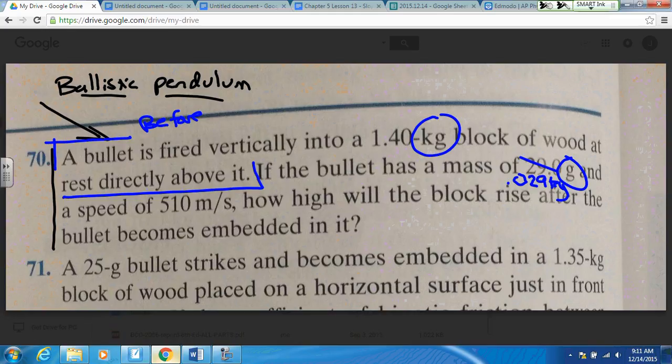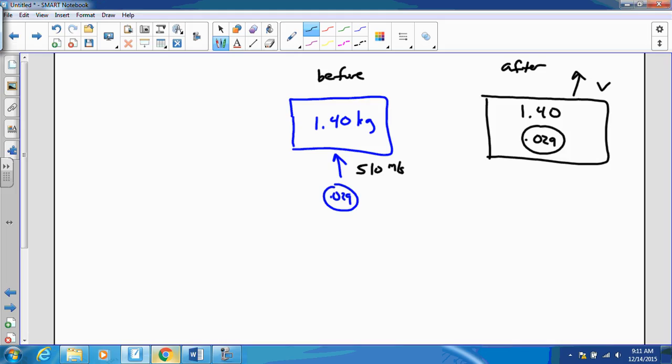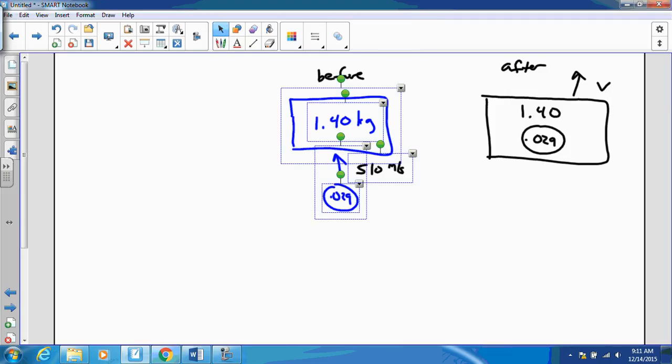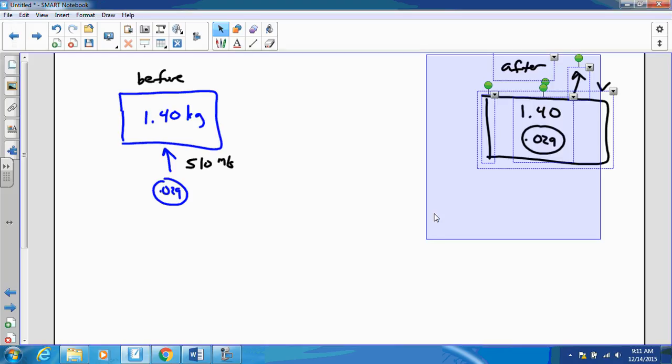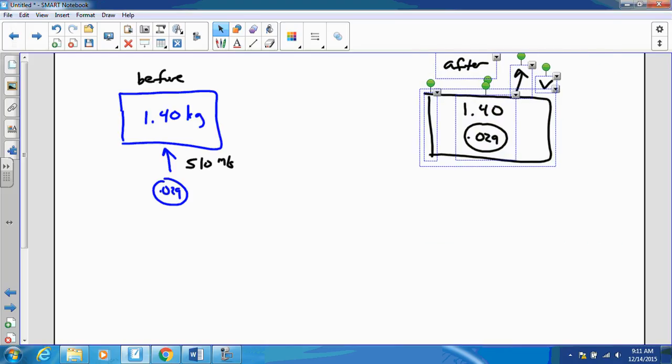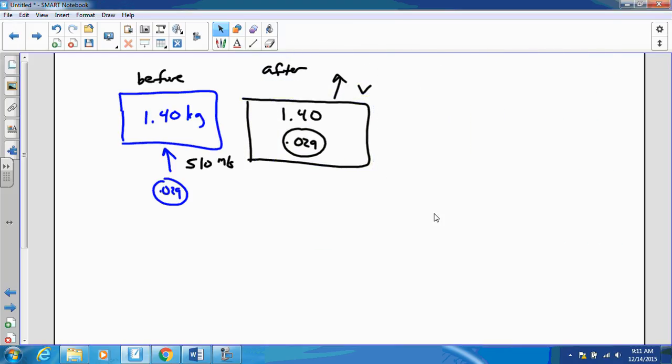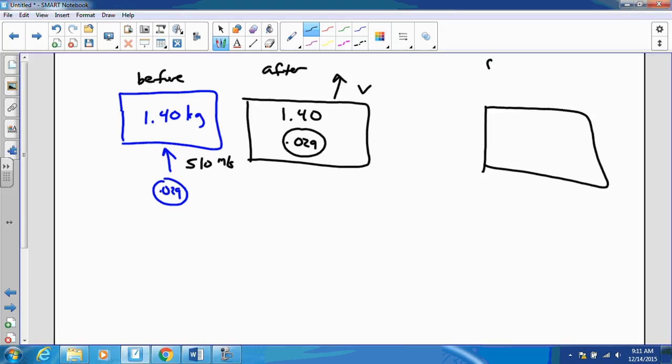So what we're going to need to do is to actually have before and after with respect to our collision, and then we're going to have some kind of final state in which the block has reached its maximum height. And what's true about the block once it's reached its maximum height?